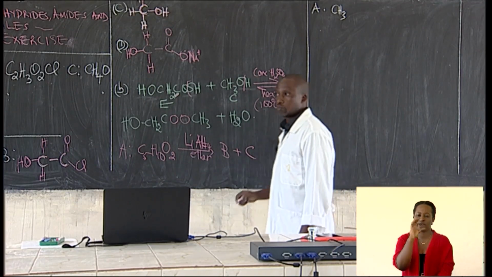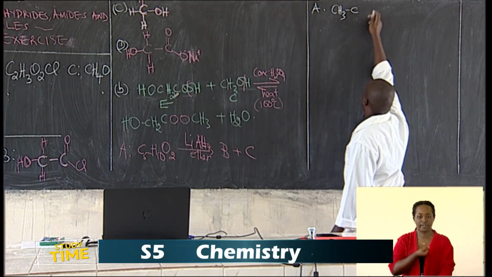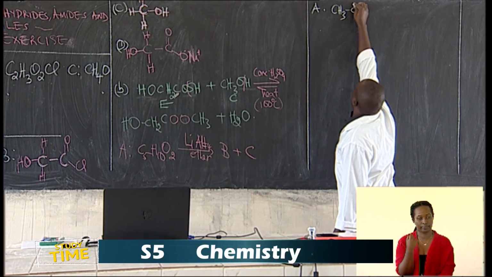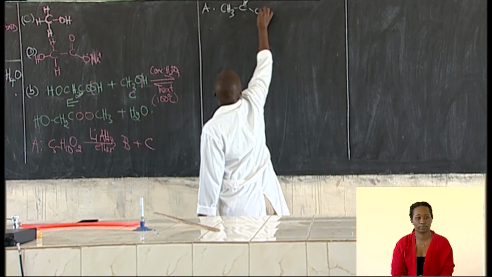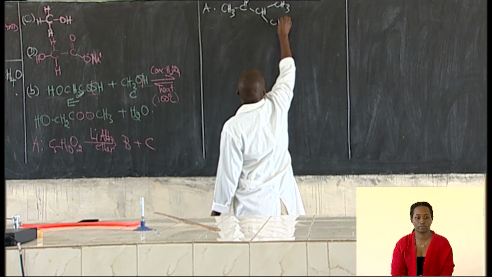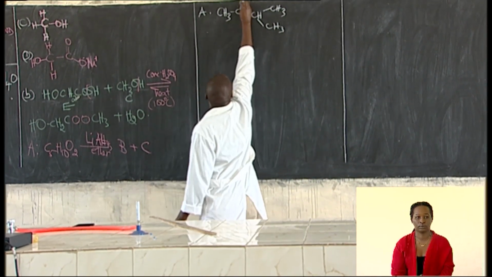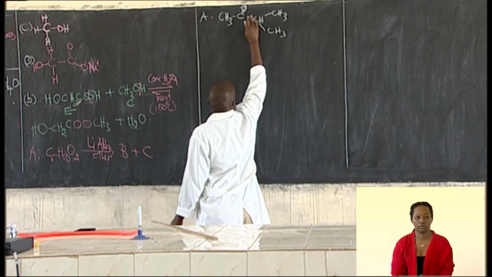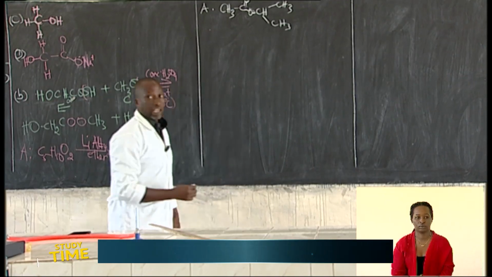They must be 5. There must be another oxygen because it is an ester.